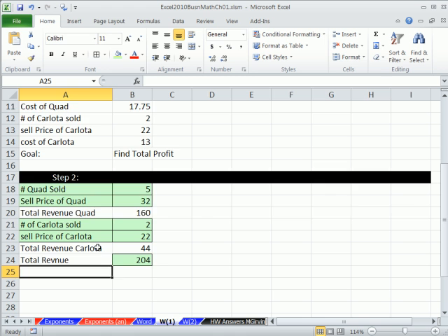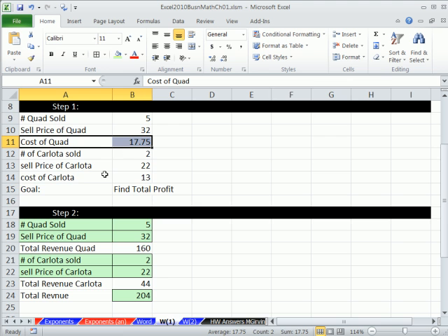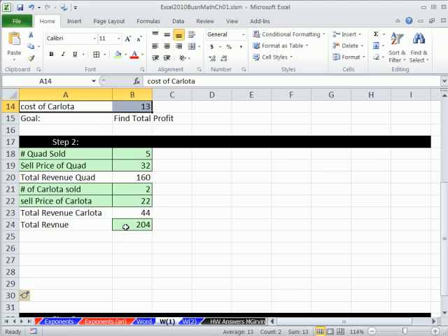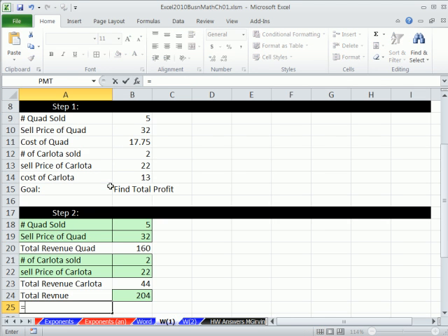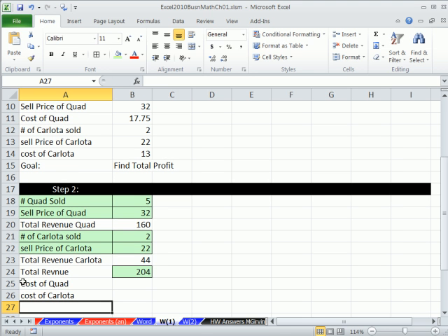All right, now we need cost of quad and cost of Carlota. So I'm going to say equals cost of quad, enter, equals cost of Carlota, enter. Now, notice that has a little c there.